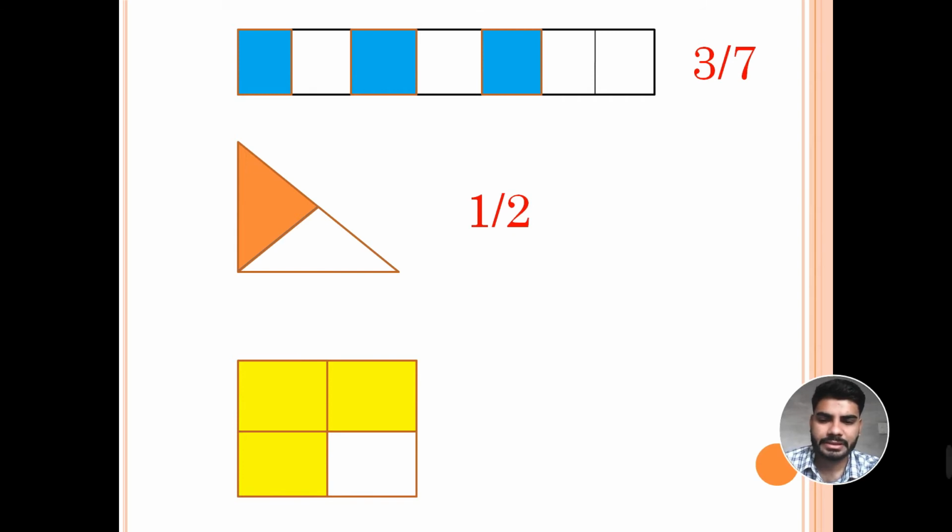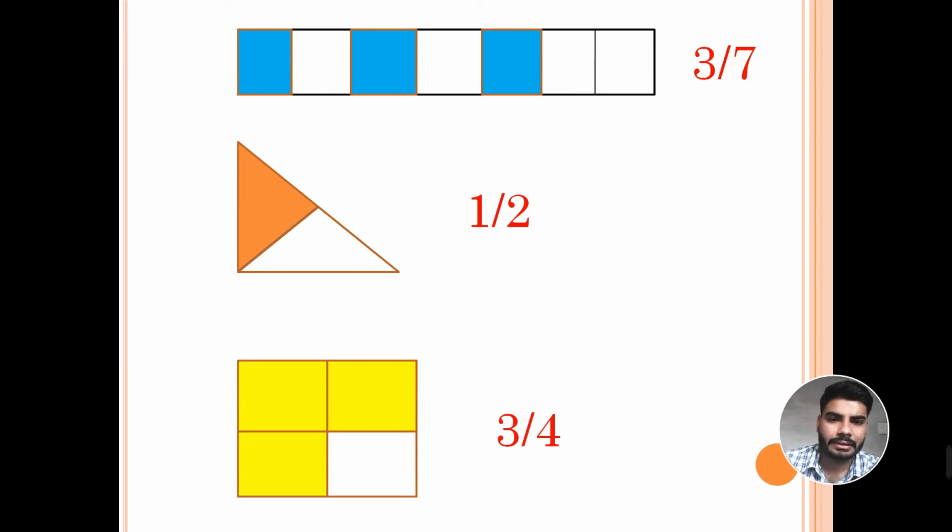Here the last picture is divided into 4 equal parts. So the denominator will be 4 and the number of shaded parts here is 3: 1, 2 and 3. So the numerator will be 3 and the denominator will be 4. So the fraction for the shaded part will be 3 by 4.